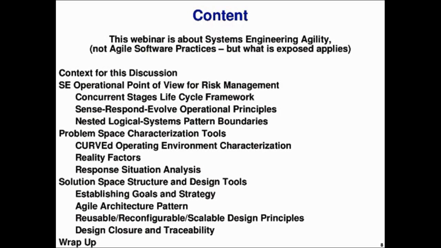We're trying to get a good, solid understanding of what the problem space is characterized like and how to develop response requirements from our knowledge of that problem space so that when we start attacking the solution space, designing something, we really have a good foundation to deal with a squirrely environment. And we'll do a wrap-up at the end.